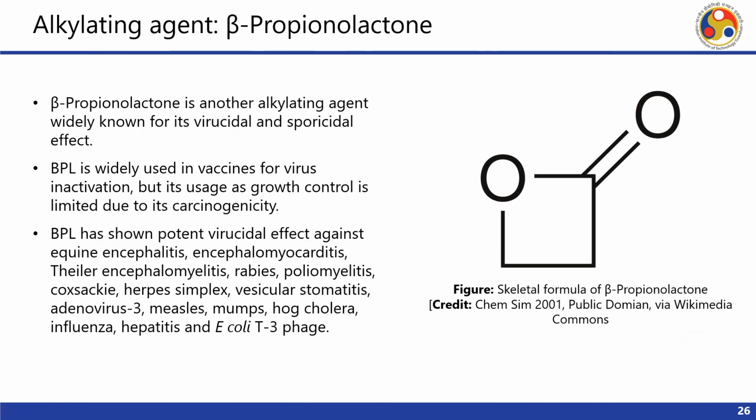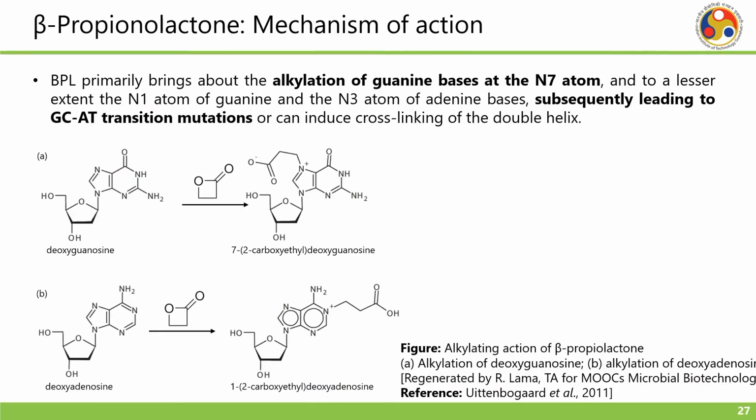BPL shows potent virucidal effect against several pathogens like equine encephalitis, rabies, poliomyelitis, Coxsackie, herpes simplex virus and measles, hog cholera, influenza, hepatitis and even E. coli and T4 phage.